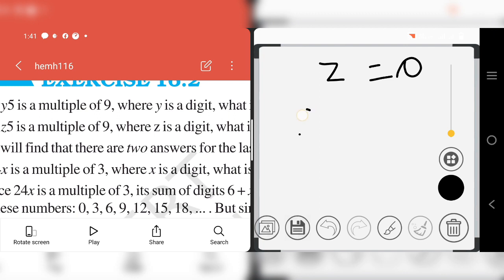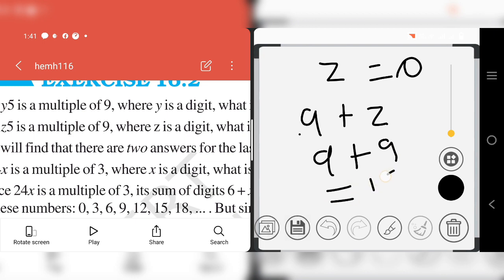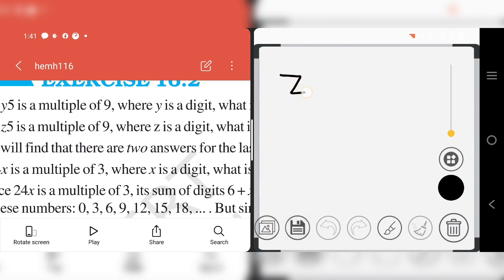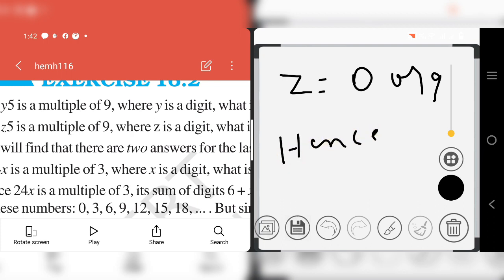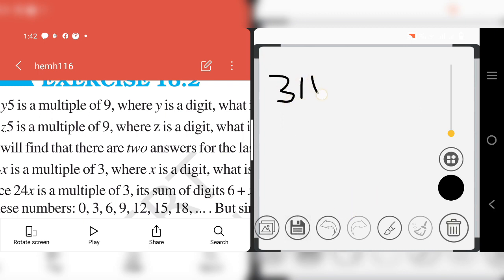And 9 plus 9 is 18, and 18 is also divisible by 9. So we can take z is equal to 0 or 9. Hence 31z5 is equal to 3105 or 3195. Okay, next.